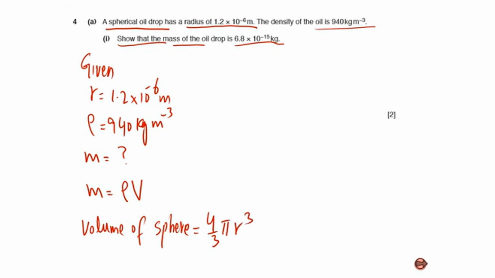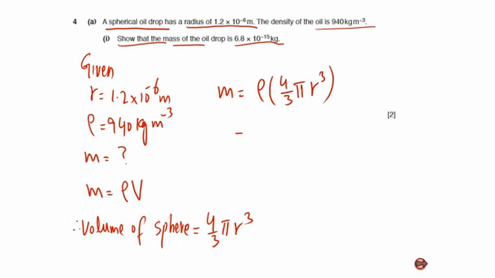So this is how we can find volume of sphere. Now here is the mass, so simply we can write down mass is equal to density times volume. So now we can replace volume with 4 by 3 pi r cube.